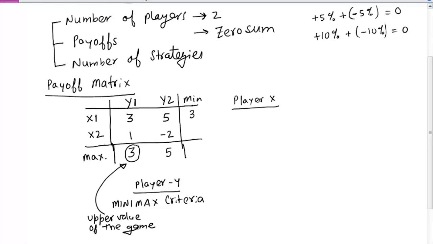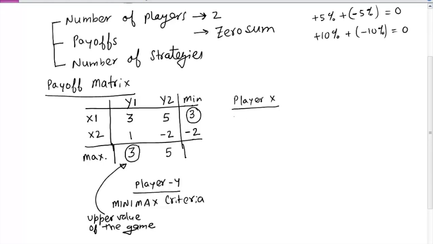Similarly, the minimum possible gain by using strategy 2 is in fact negative 2. So player X will try to maximize the minimum win. The maximum of the two is this value 3 here.